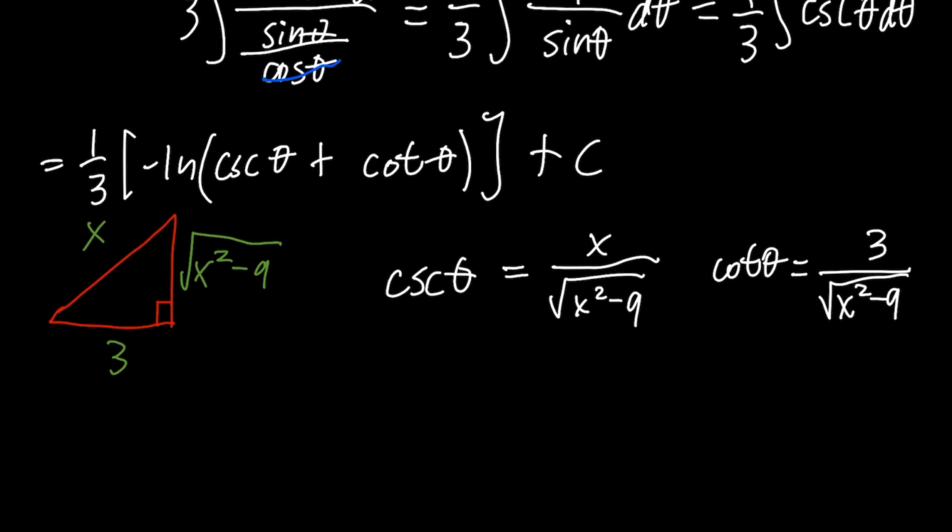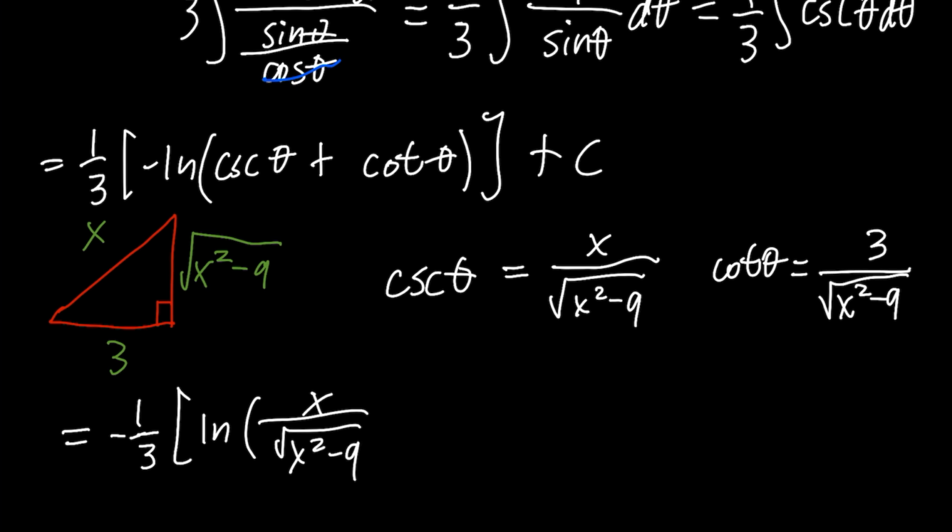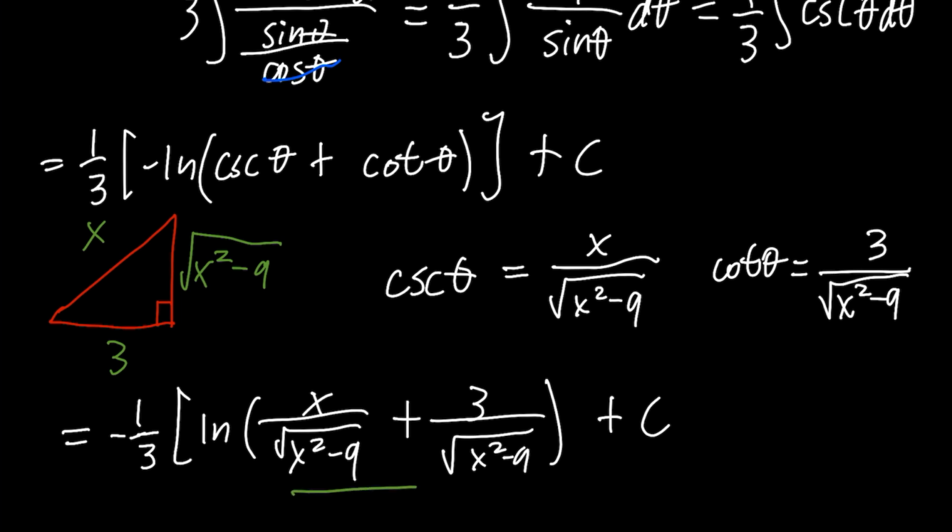So let's now rewrite our answer here. Negative 1/3 ln of x all over the square root of x squared minus 9 plus 3 over the square root of x squared minus 9, plus c. But we can combine these two here since they have the same denominator.